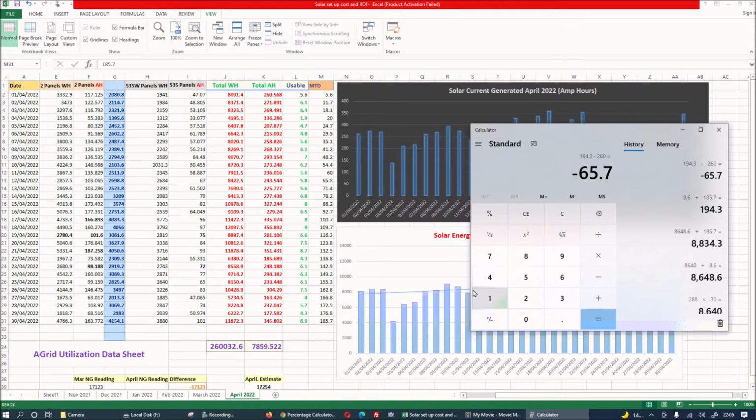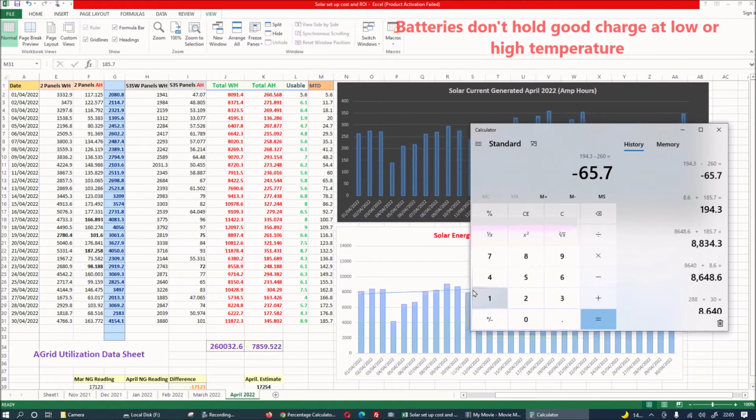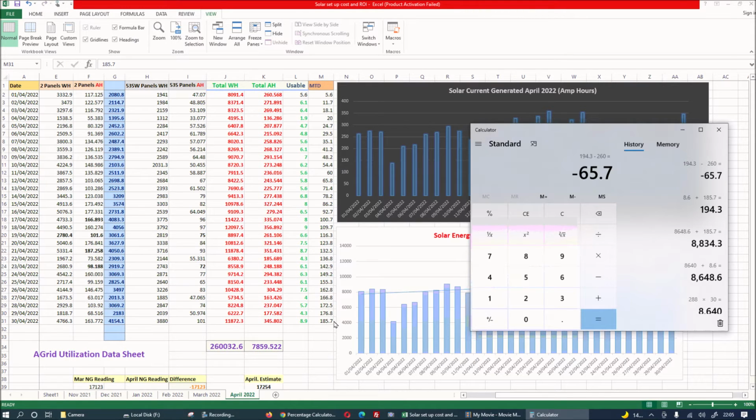There is no way you can achieve that standard testing condition of 25 degrees at all times, which means your battery holds the best charge when you reach that 25 degrees centigrade. But you know UK weather is not always the best when it comes to temperature, usually around 10 degrees or below. So that's one of the reasons why you would not be able to get 100% out of your battery.